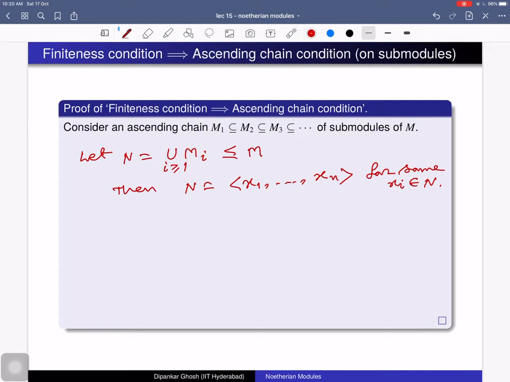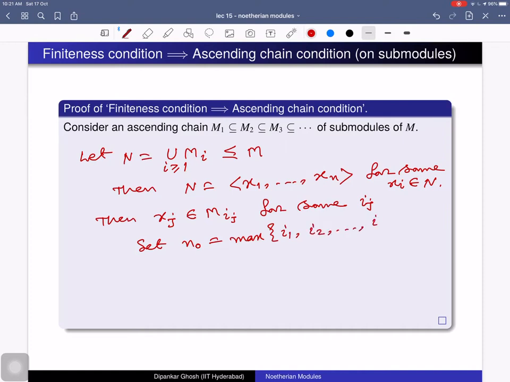If we consider each xj in this generating set, then it will be contained in M sub ij for some ij. And then if we take the maximum of i1, i2, up to in, then xj will be contained in M n naught for all 1 less than or equal to j less than or equal to n.